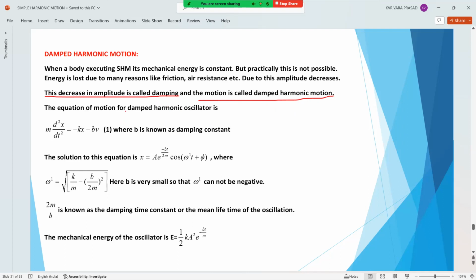For this damped harmonic motion, the equation is given by F equal to minus kx minus bv. See carefully.